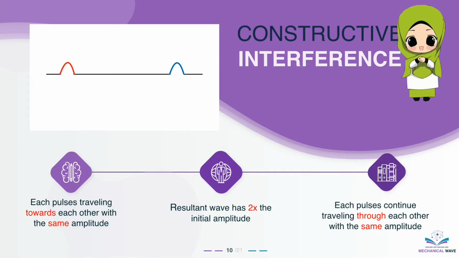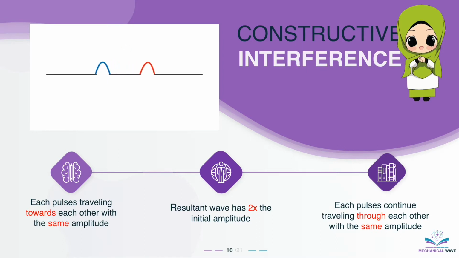Initially, when two individual waves with nearly the same amplitude move toward each other, they will overlap. This happens at the same time and in the same space, as waves behave differently compared to objects. Objects, on the other hand, cannot occupy the same space and time.